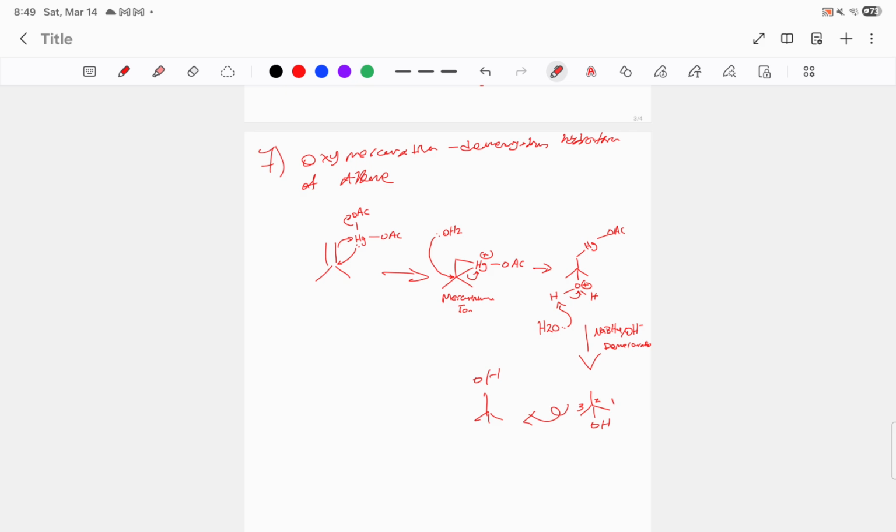The conditions, again, it's carried out at room temperature in aqueous THF with a reduction step under mildly basic conditions, right? Hence our OH minus.